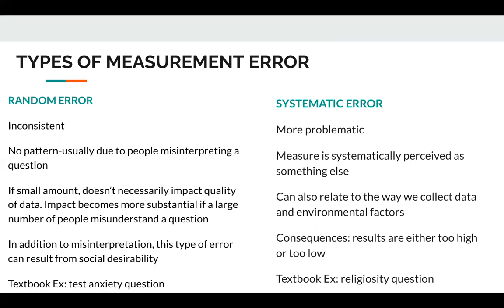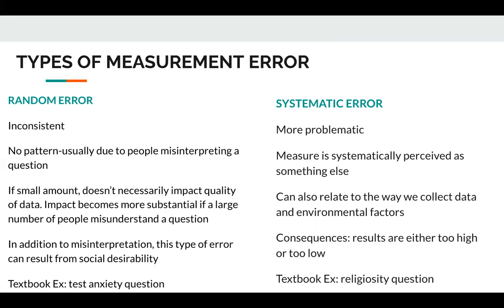And you're going to be confused about what that means in your data. And that's what's meant by systematic error, because that's probably not just going to be one person. It's going to be all of the people who are religious but not necessarily Christian. So that's systematic error.